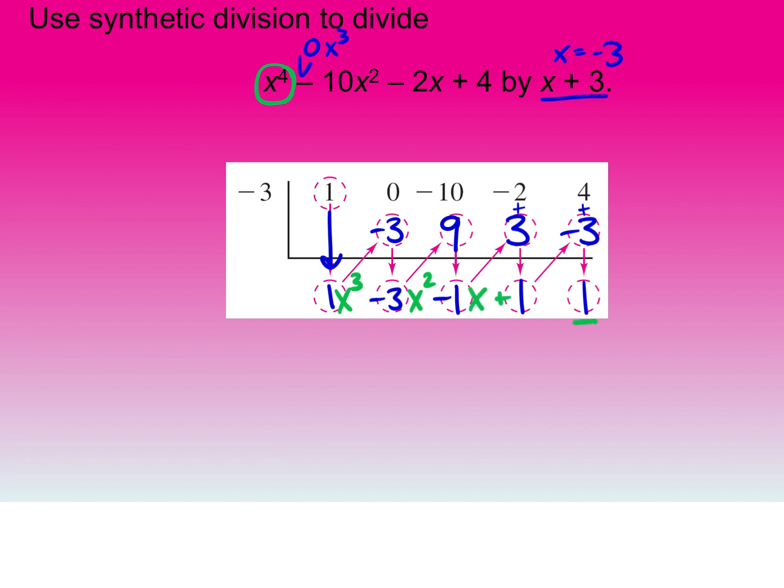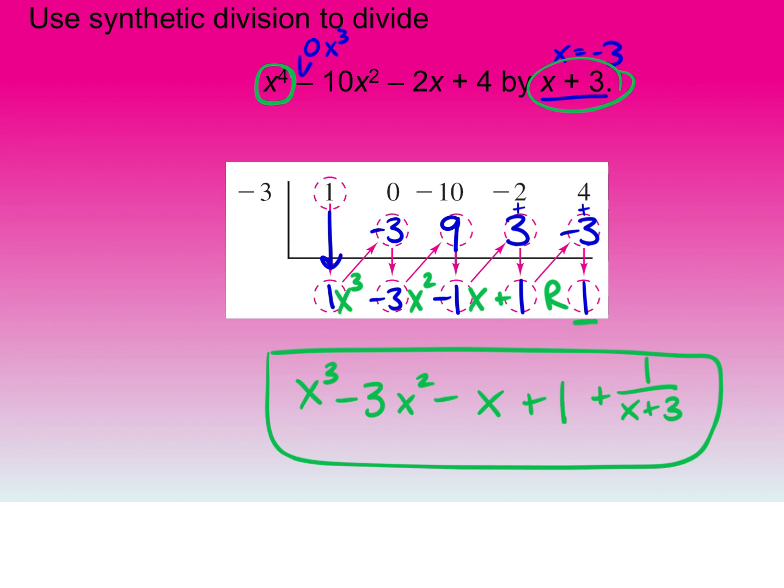The very last number is going to be our remainder. So this would be x cubed minus 3x squared minus x plus 1. Our remainder, we want to write it as a fraction, so it'd be plus 1 over our divisor, which was x plus 3. So this would be our answer.